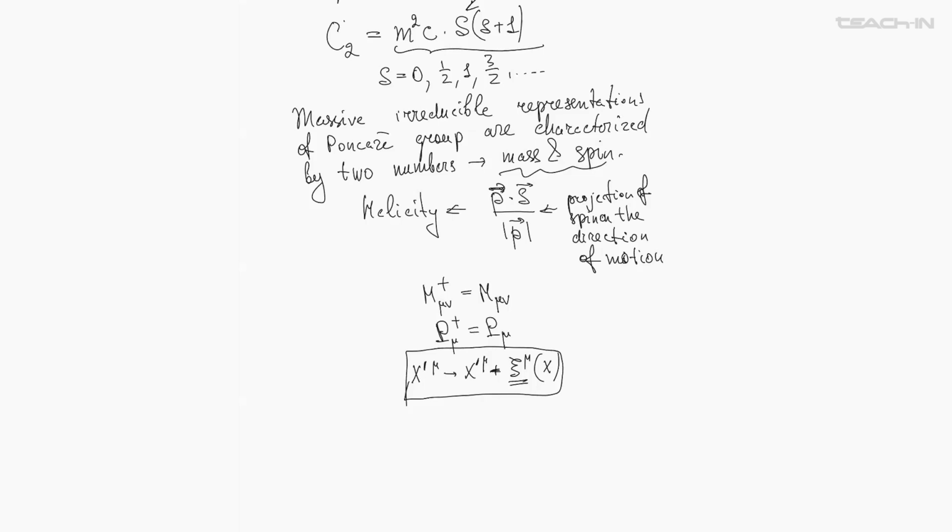One piece would be responsible for orbital conservation, and another piece responsible for spin conservation. We will see that such things indeed happen. Okay, any other questions?